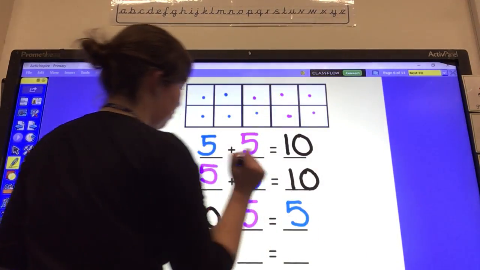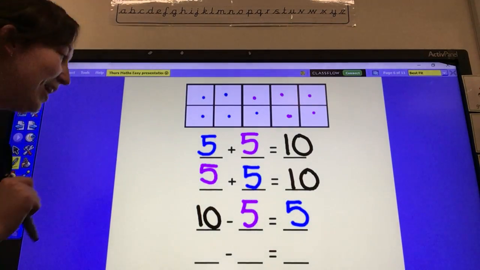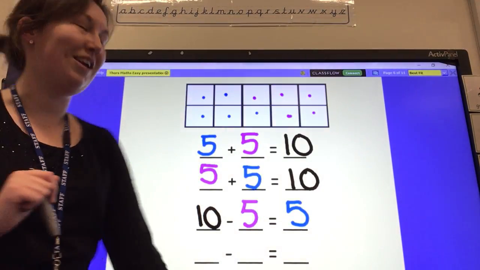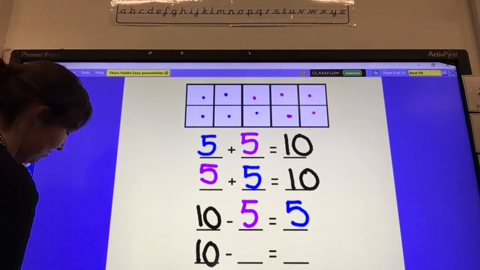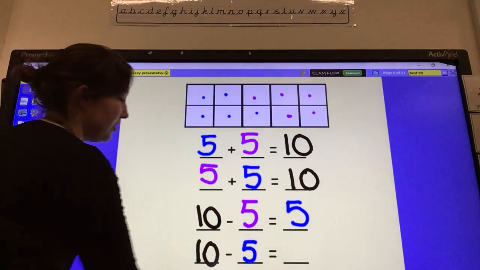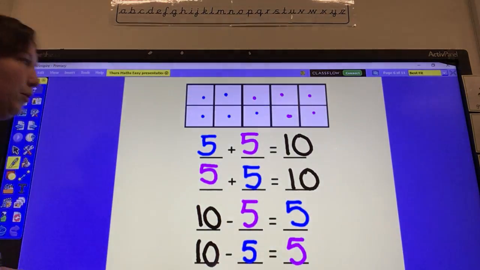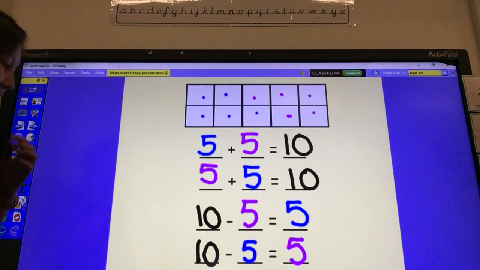So 10, the total, take away 5 purple ones equals 5 blue ones. And I can turn it around to be 10, my whole, take away 5 blue ones, we'll leave my 5 purple ones. Right, but they are the same number sentence this time.